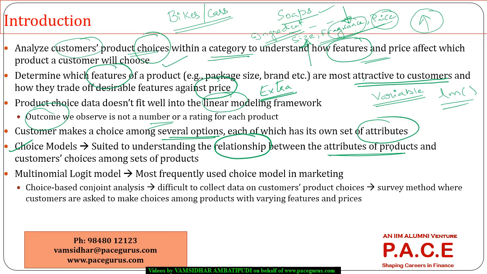Every time a choice is made by the customer, I'm going to look at what particular feature of this product has been influential in the customer's decision to buy it. That's the reason we model this kind of choice based scenario through what we call a multinomial logit model, where I'm talking about a function called mlogit.